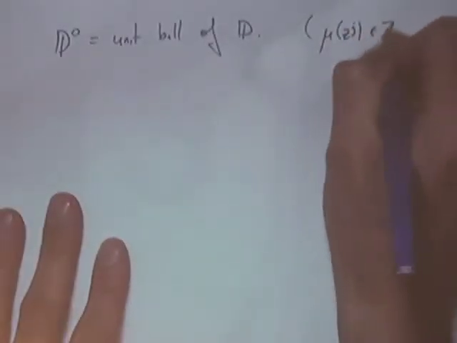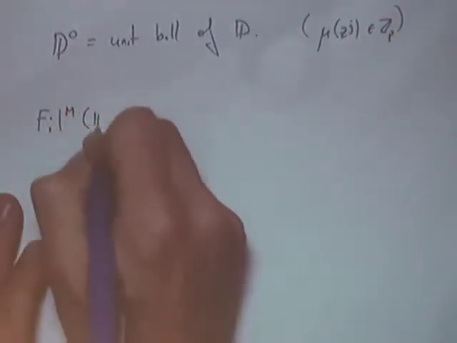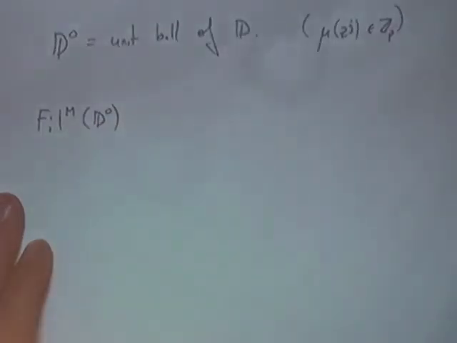So we can formalize this property. Let me let d0 be the unit ball. I mean, unit ball, concrete thing. It just means that all of the moments are integral. All the moments are in Zp. And then I want to define for you a filtration on this unit ball that's going to mimic this pattern here.